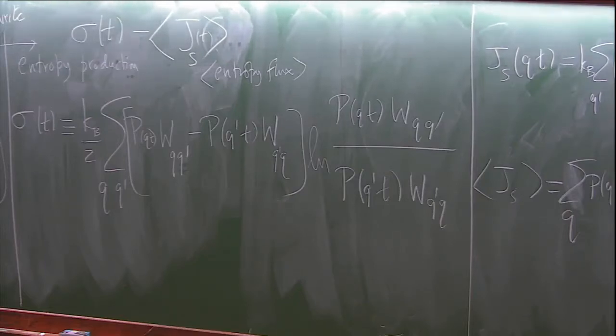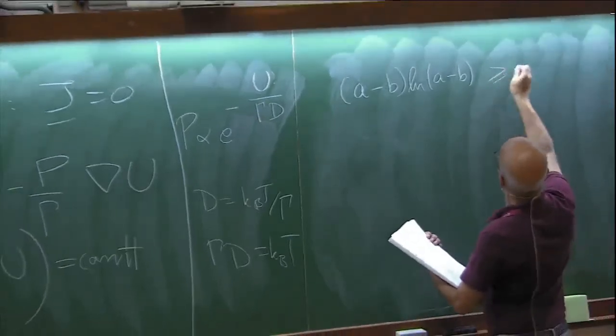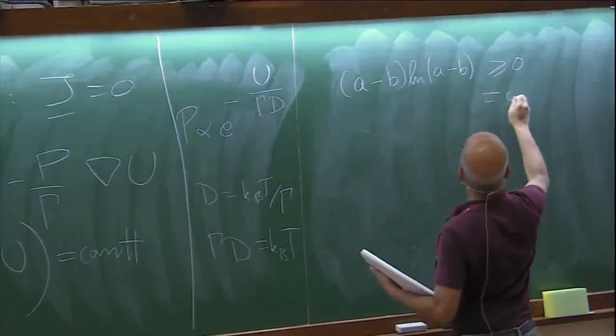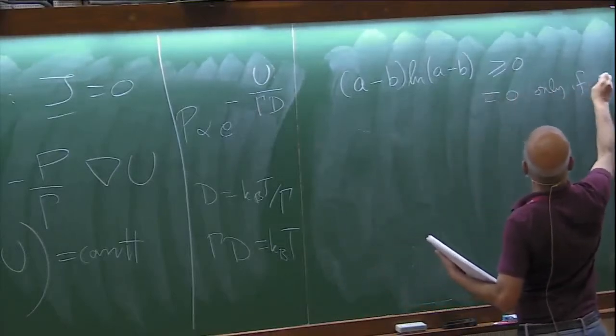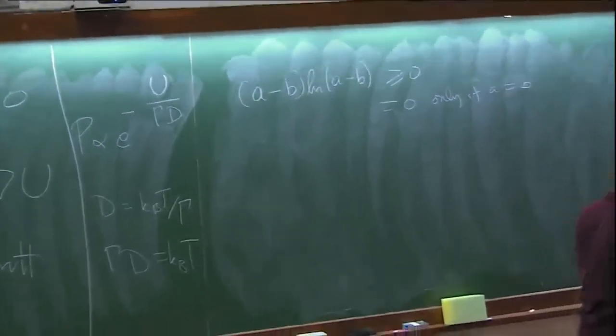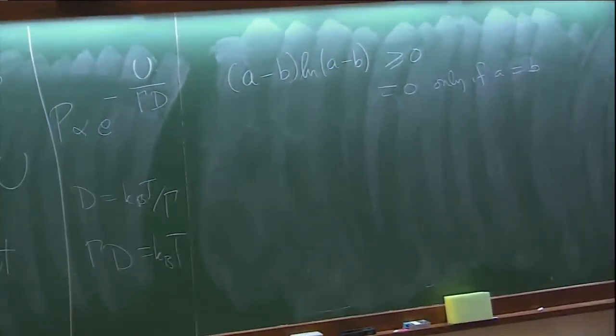You know that for any two quantities, this is A, this is B. This is A minus B times log.